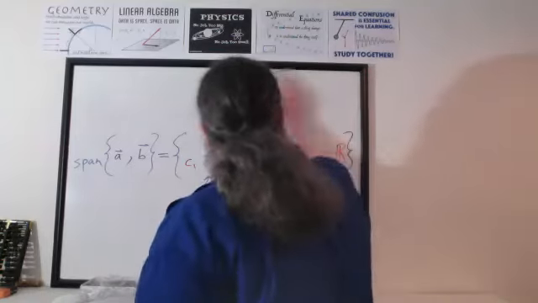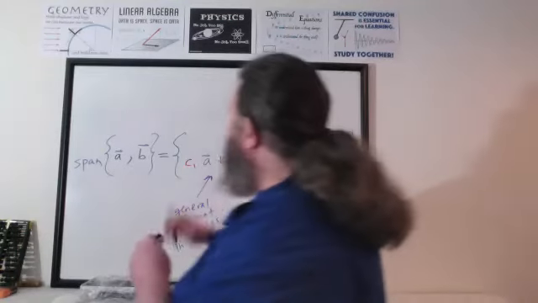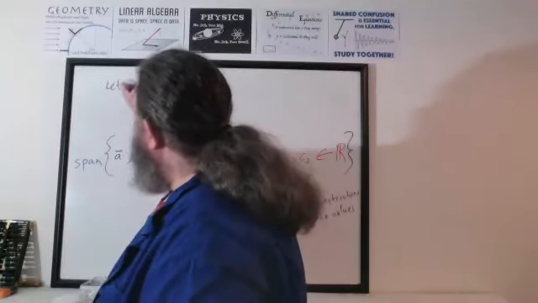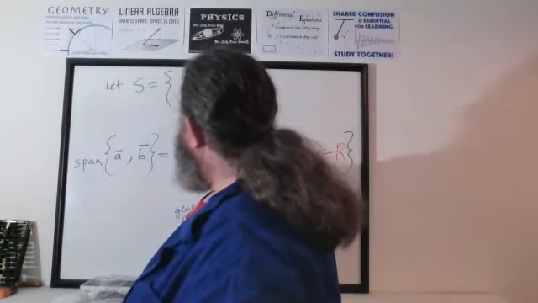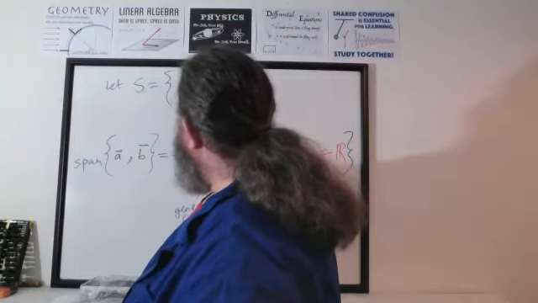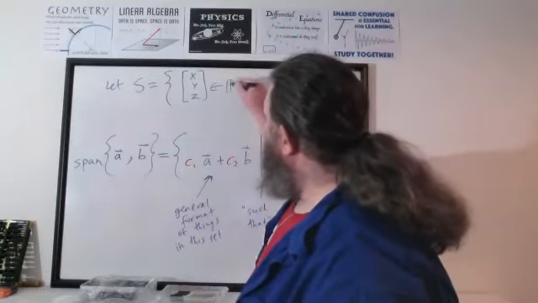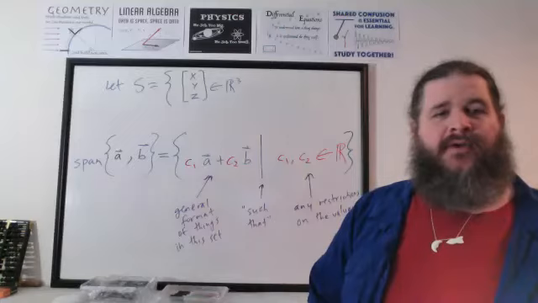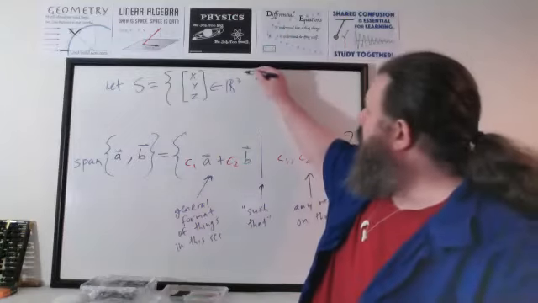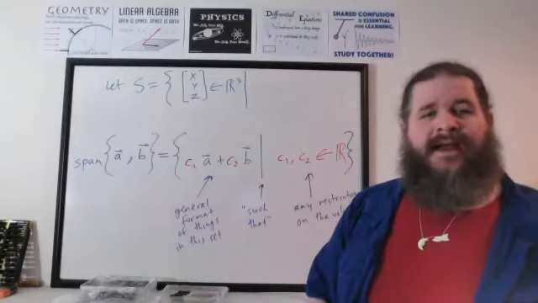So for example, one way we could write a set builder notation, just as one other example, let's say let S equal the set of all vectors X, Y, Z in R3. So on the left side, we're describing the general format of what sort of thing we're talking about, such that, and then on the right side, we can write out any restrictions.